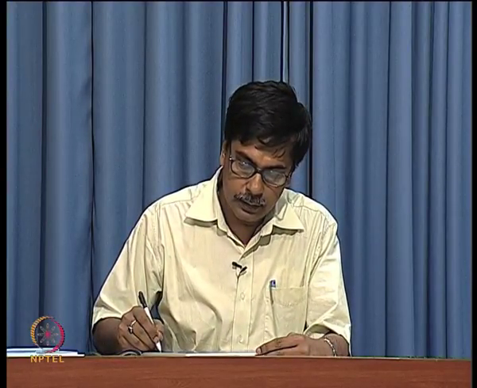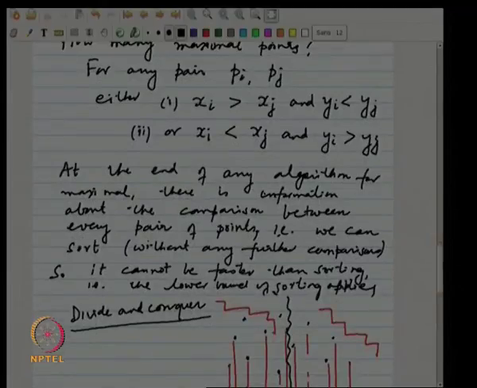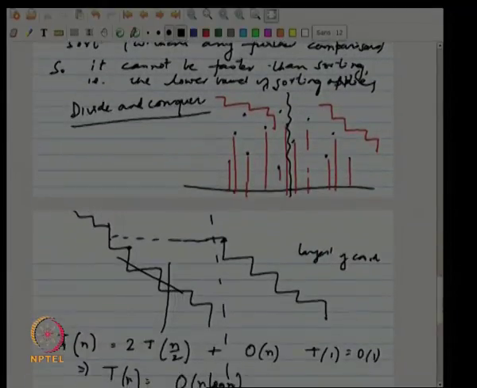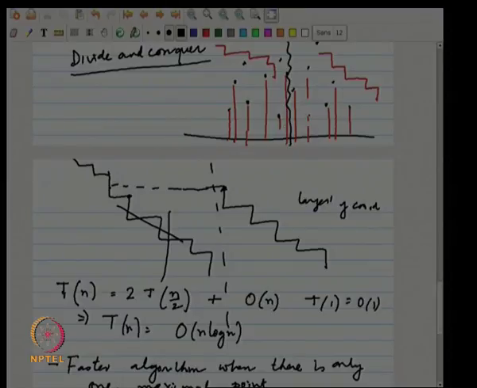What I am going to do is modify the divide and conquer that we just designed a little bit. In the divide and conquer, what did I do? We took all the points projected on the x coordinate, found the median point so that we could divide it into two parts, found the maximal points on the right half and on the left half, and then we merged them, and the merging was very simple.